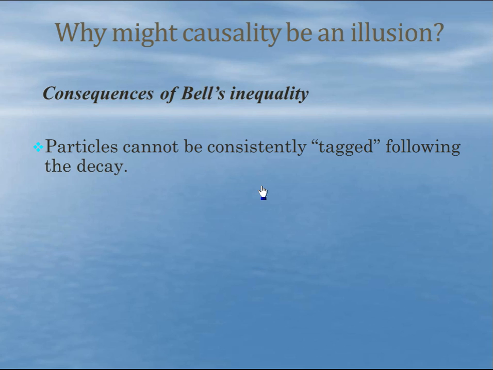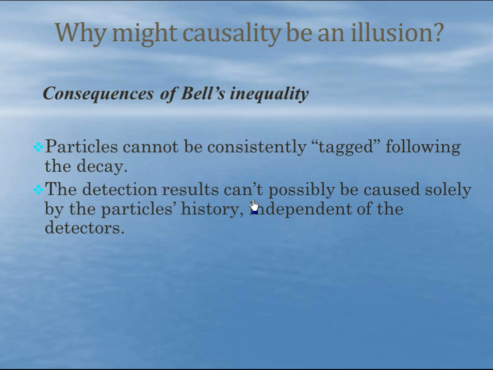There's something funny that happens when they reach the detector. The detection results can't possibly be caused solely by the particle's history, independent of the detectors. The detectors somehow add some kind of secret sauce, because if you try to characterize them without considering the detectors, then you end up with a ridiculous result.